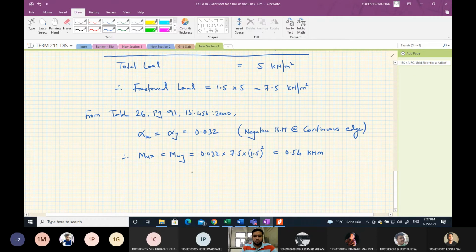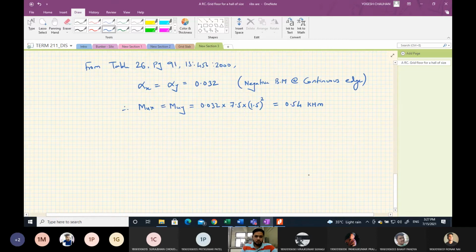Okay, so let us check the depth required to resist the bending moment of 0.54 kilonewton meter. So we need the effective depth.